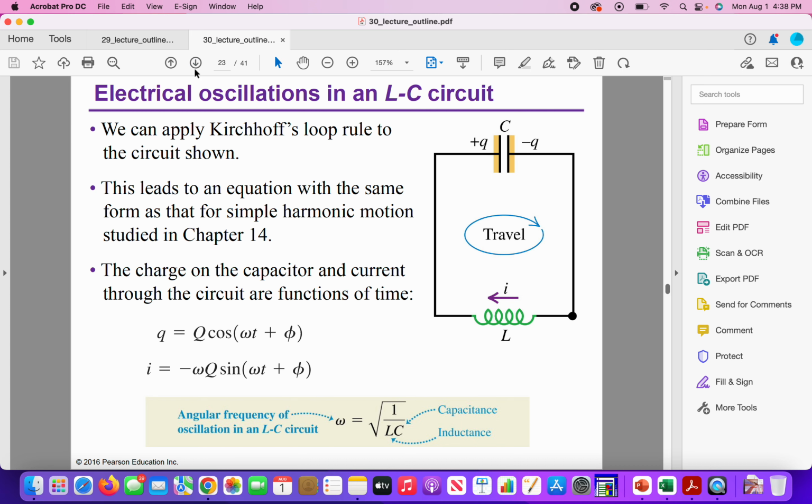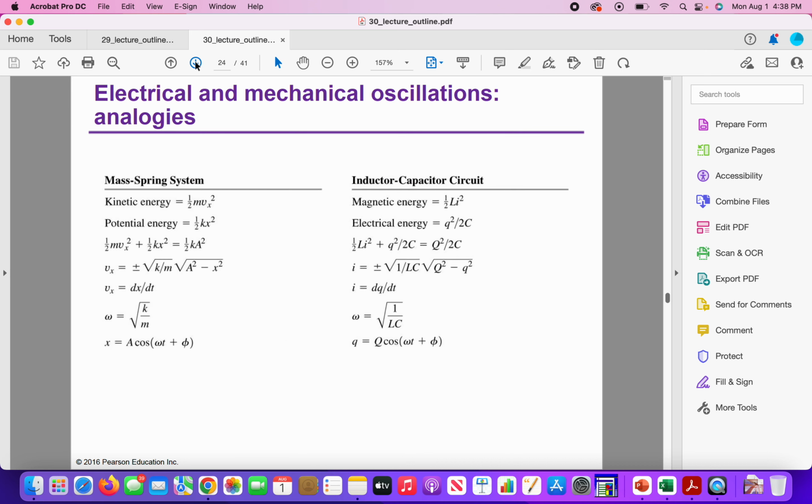We're going to see the similarity with the simple harmonic oscillator. In a mass-spring system, the kinetic energy is 1/2 m v_x squared, and the magnetic energy for the LC circuit is 1/2 L i squared.